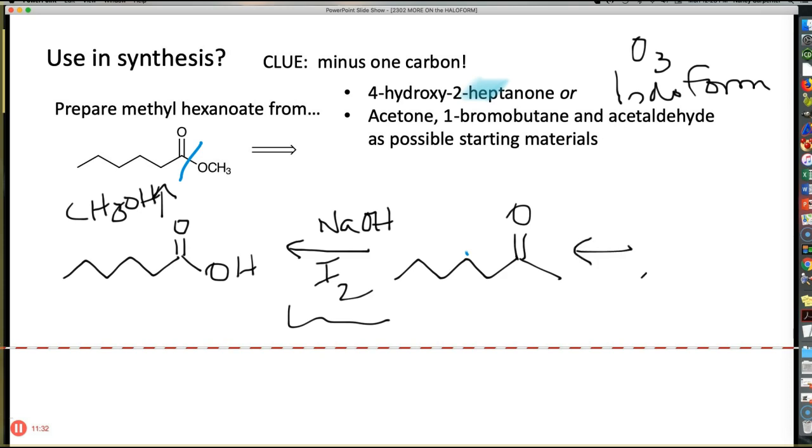Well, my aldol should look like this. If I let my aldol dehydrate, I've got that, and I can certainly add H2 and Pd. I should be able to selectively reduce my double bond. Okay, and this is aldol.